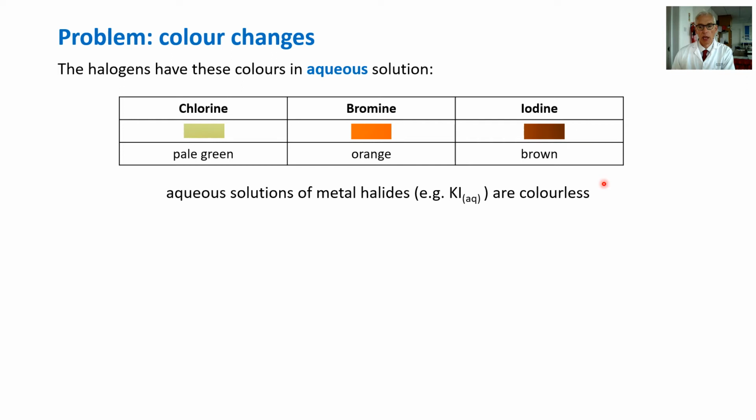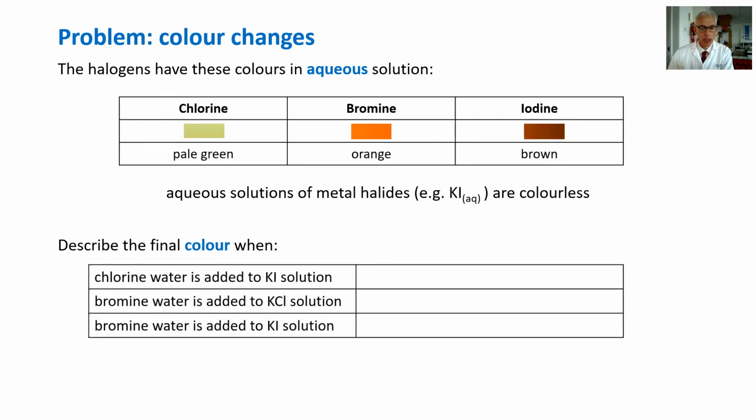So the other thing to note is that all aqueous solutions of metal halides, potassium iodide, sodium chloride, are colourless. You might be asked to describe the final colour when, here's 3 examples, chlorine water is added to potassium iodide solution.